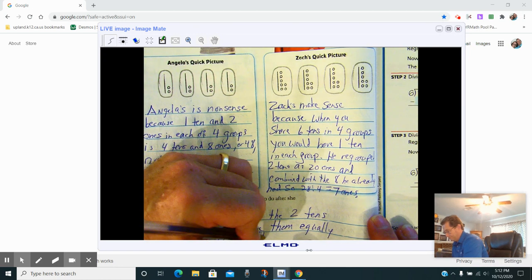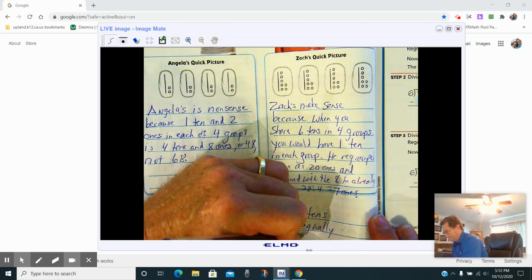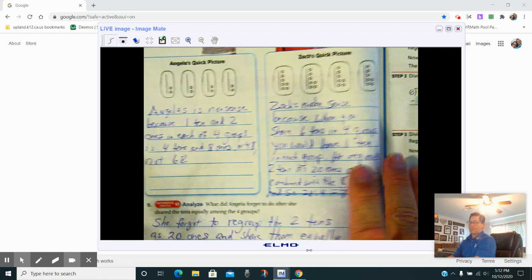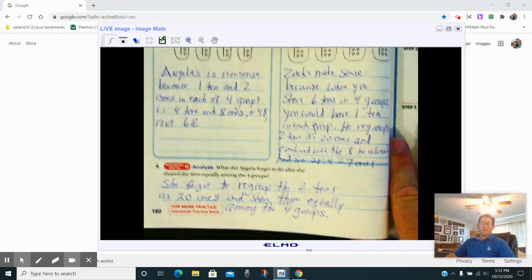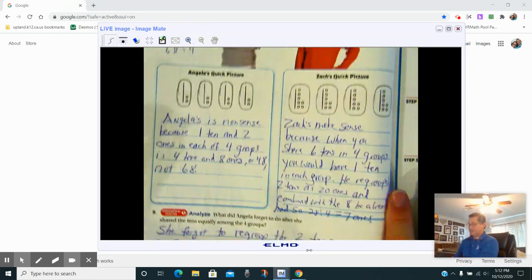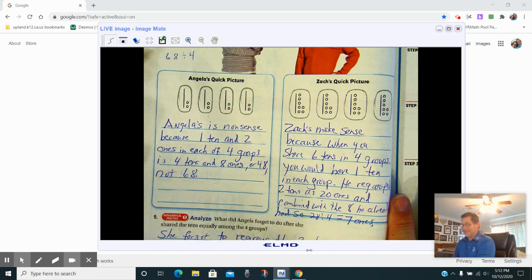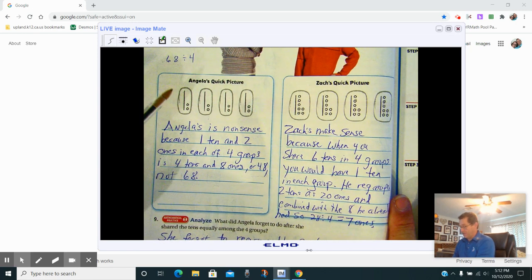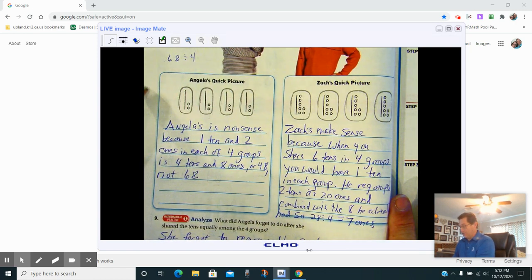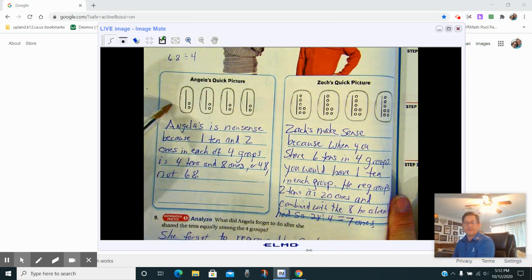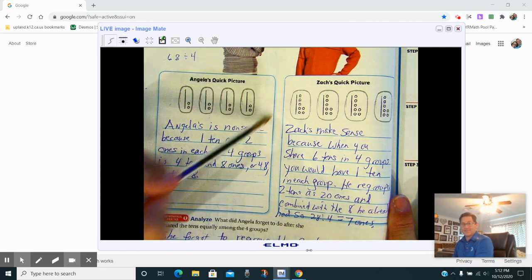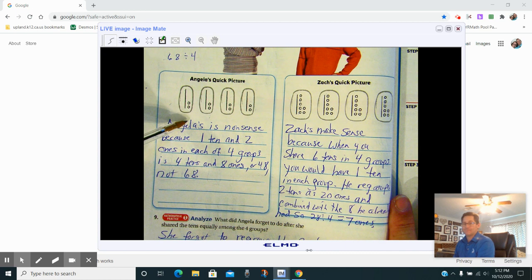So again, if we look at this, there should have been 6 10s, 68. She shared the 4 10s, great, and she shared the 8 1s, fine. But where's the other 2 10s? She can't have 2 10s left over because that's 20 1s, and 20 can be divided by 4. So she just didn't regroup the 2 10s. If she had done that, she would have had the right answer.